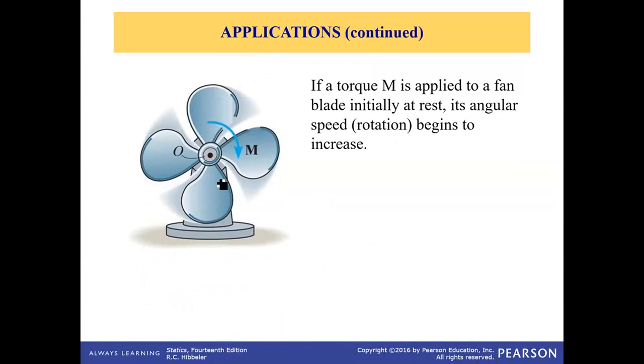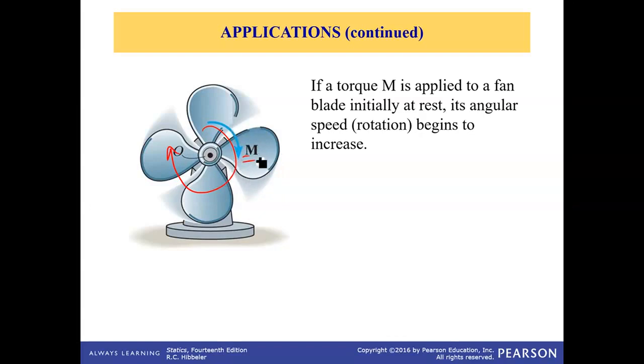When we look at this fan, when torque M is applied to a fan blade initially at rest, its angular speed begins to increase. When the torque M is applied by the motor, the speed of the fan blade increases.